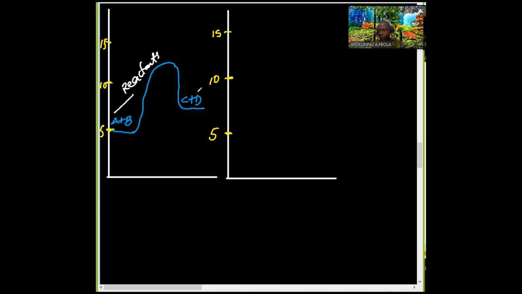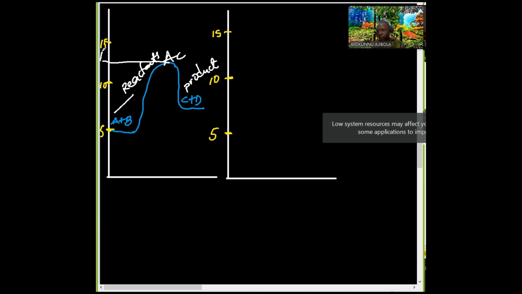Reactants, then products. This place is called the activation complex, okay, and this place is the activation energy. Are you getting this? Yes, sir.